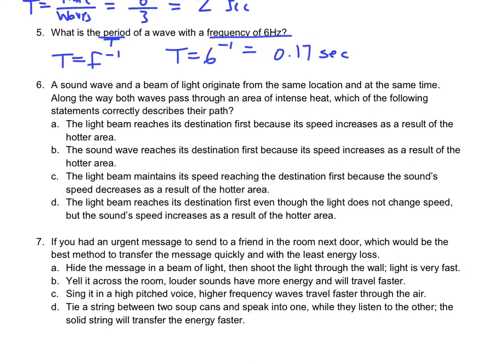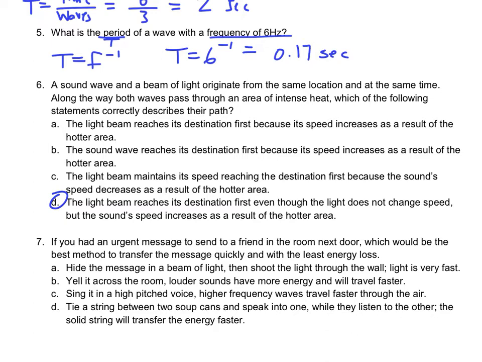Sound, however, does become affected by temperature, and as the temperature of air or water increases, the molecules become more excited, they move around faster, which means that sound can travel faster through warmer mediums. Best answer for that would be answer choice D.